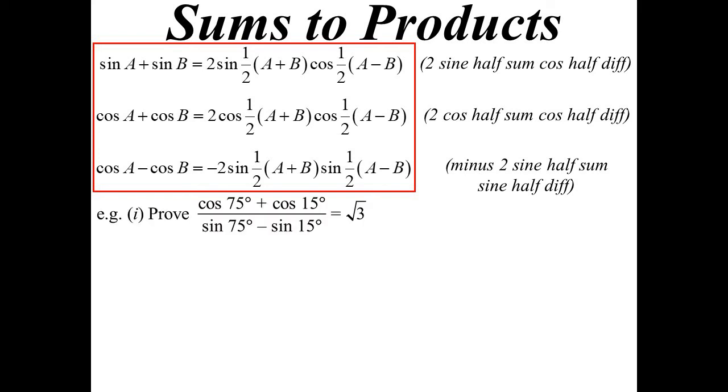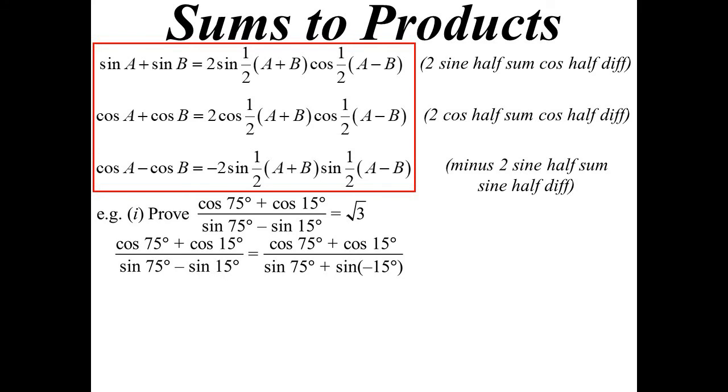Let's prove this one. Cos 75 plus cos 15 over sine 75 minus sine 15. I'm glad you asked, because look at the denominator here, sine 75 minus sine 15. I will change that denominator. I will make it a sum. And then I can go with our formulas.